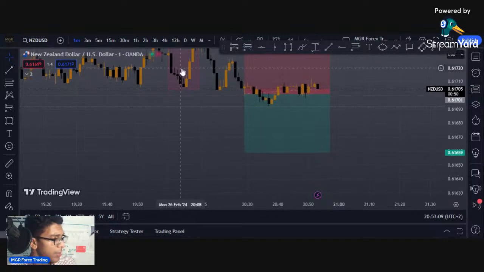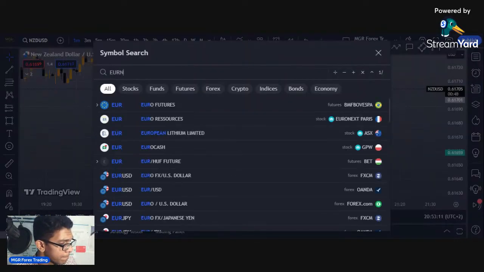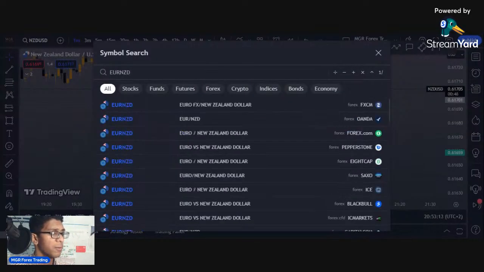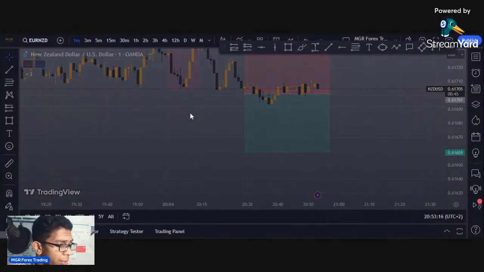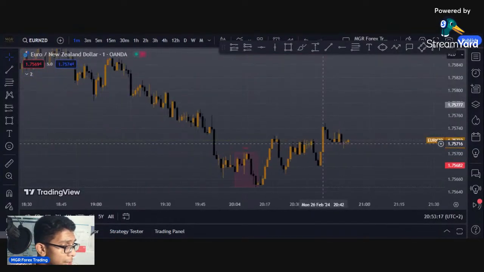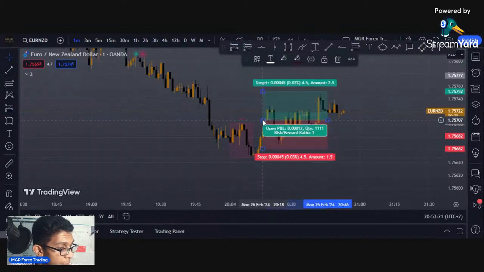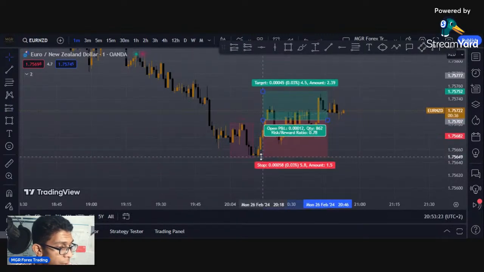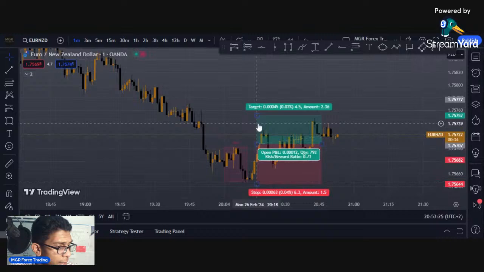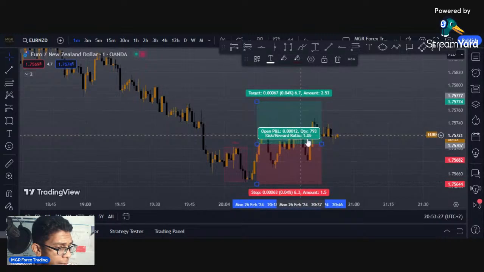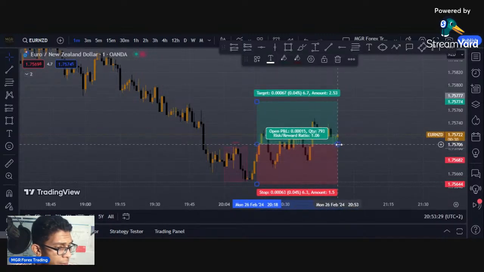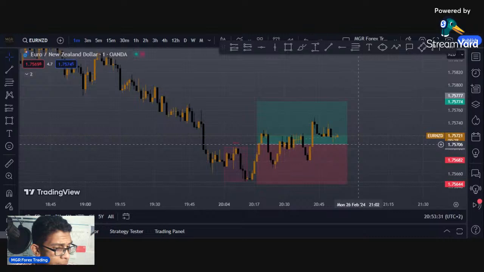So let's have a look at Euro NZD. I think this evening I'll be focusing on AUD USD and Euro AUD, as well as NZD USD and Euro NZD. I'm sure you can all see the pattern. They are inversely correlated, and I think that's where I will find myself trading over the course of this evening.